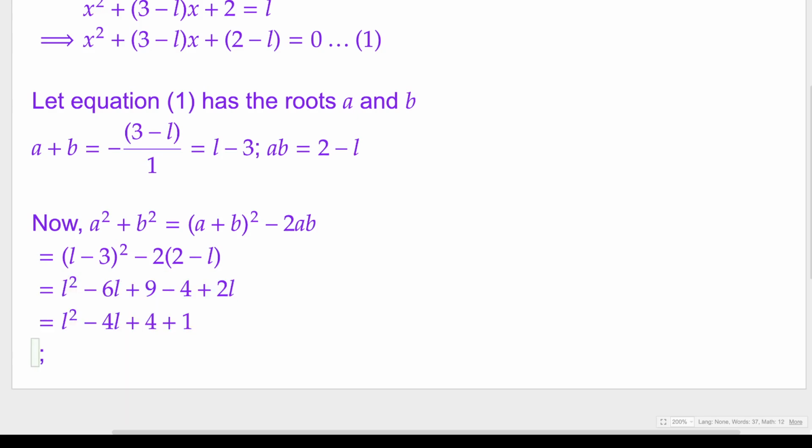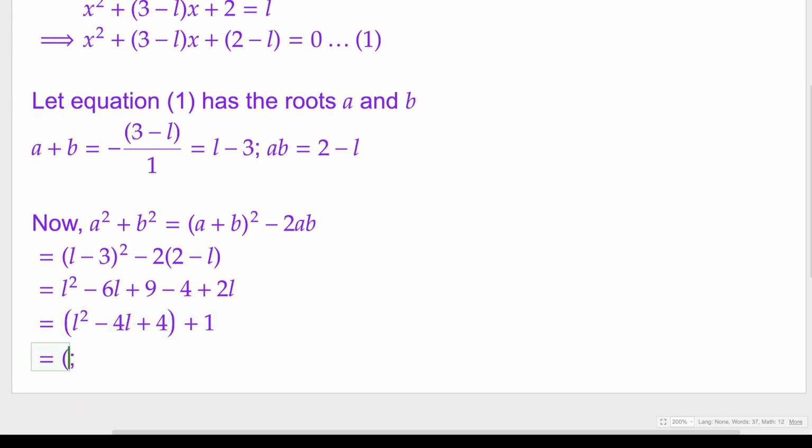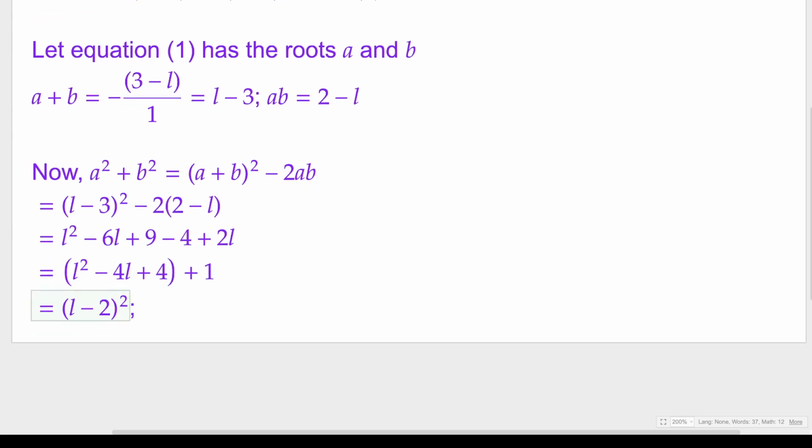The reason is, if you observe this part, it can be written as (L − 2)². If you check, this is L², this is 2², and then minus 2ab, that is minus 2 times L, plus 1.